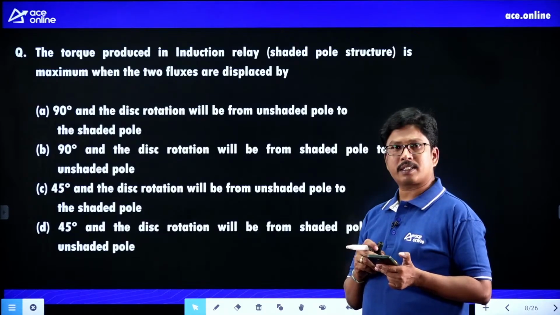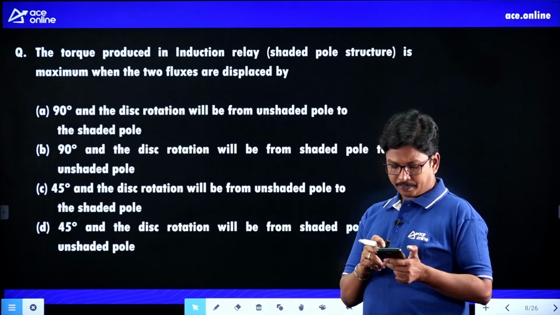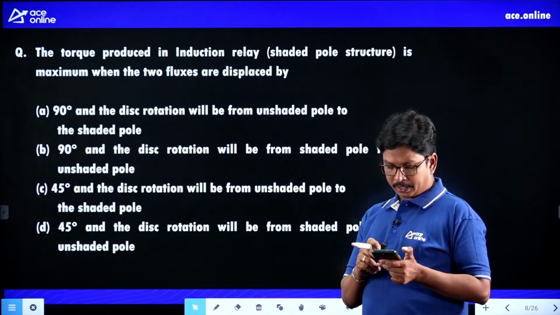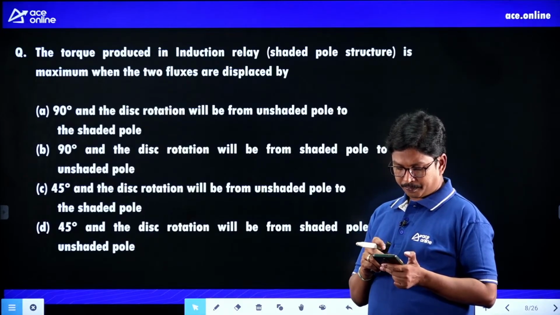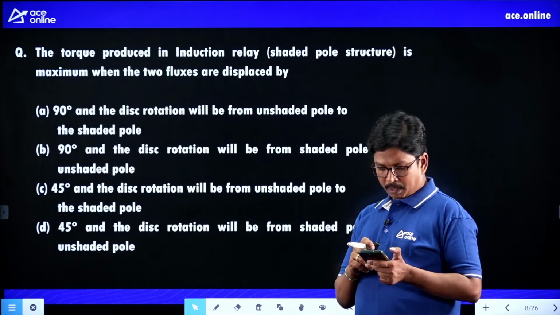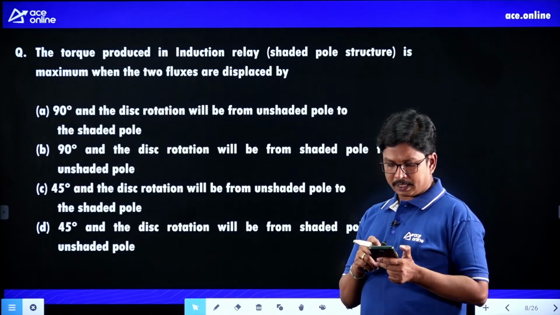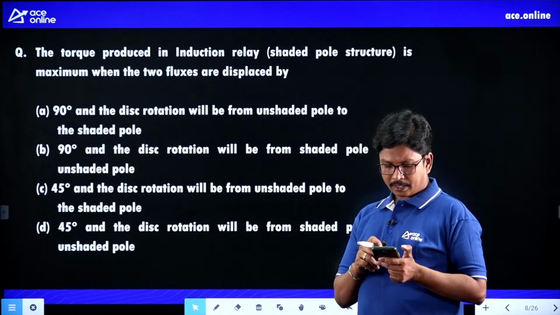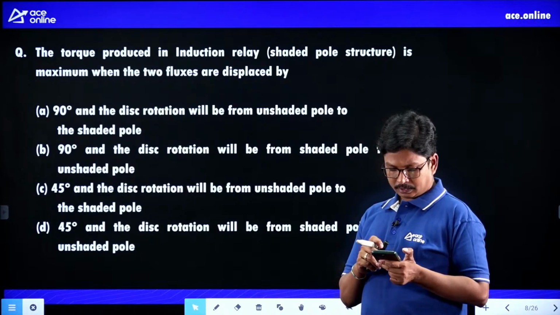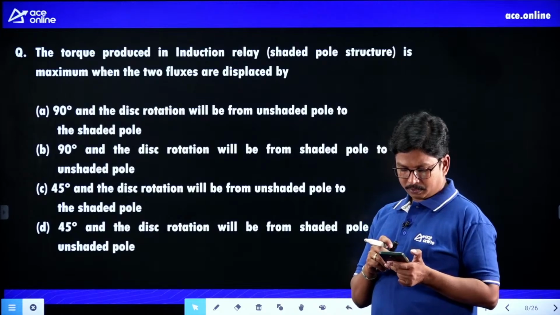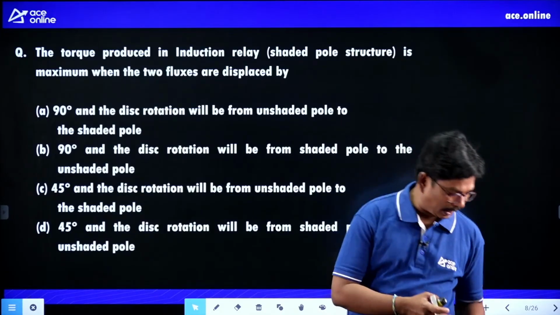Option A, very fast responses. Bhushan, yes, unshaded to shaded, very good. Upendar, Bhanu, Rajesh, Aravind Reddy, Preeti, everybody is giving perfect answers now. Ashwini, very good.